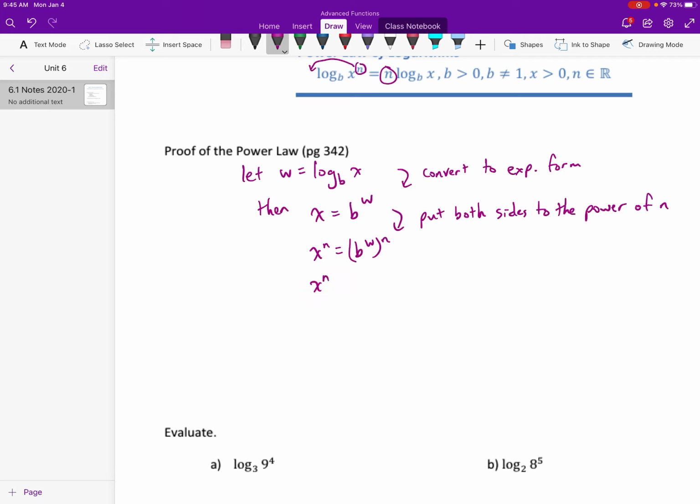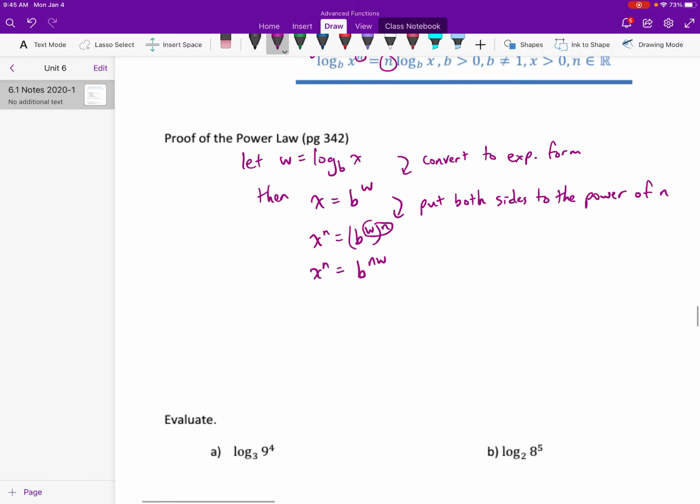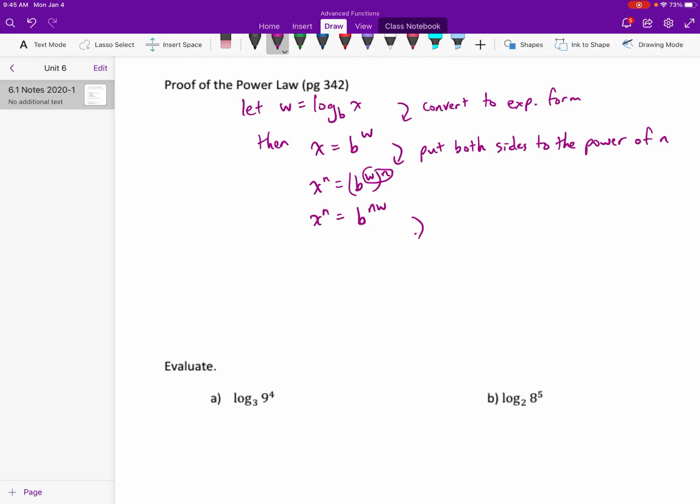Well, that gives us x to the power of n is equal to b to the power of, and remember if you have an exponent to an exponent, you're just multiplying these two, so that's nw. Now we're going to convert back and rewrite in log form.